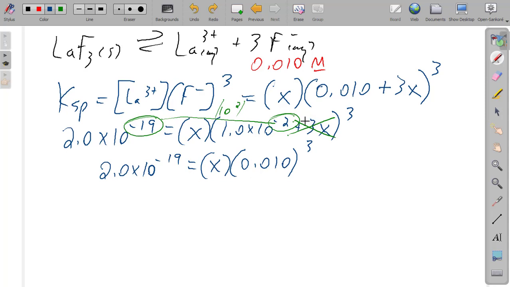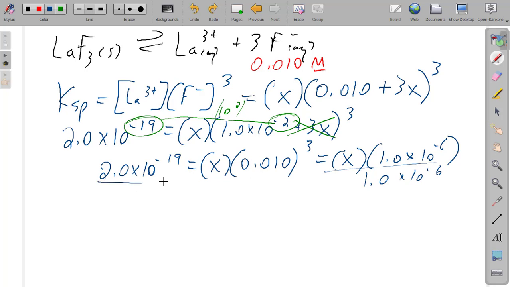And so now we are to this small expression. All right, and so that's going to be equal to the x, and then 0.01 cubed is going to be 1.0 times 10 to the minus 6. So now divide both sides by 1.0 times 10 to the minus 6th.